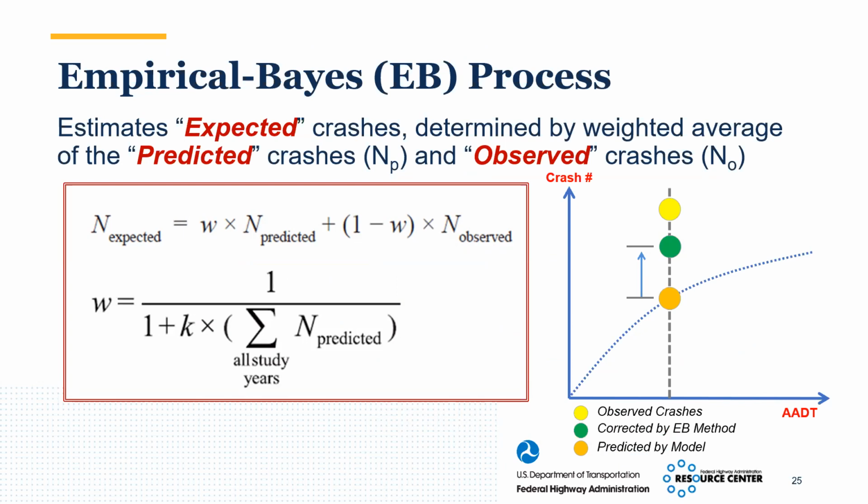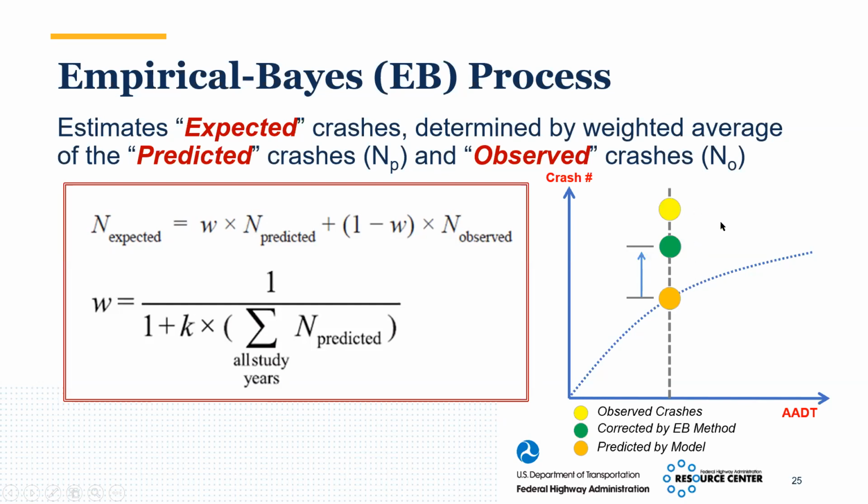So the idea is having a weighted approach to combine the prediction from models with the observed crashes from historical data. The expected crashes based on this methodology are always between the observed and predicted crashes.